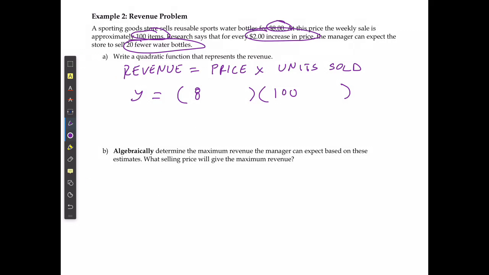So if I am increasing by $2 X number of times, then I'm going to sell 20 less items X number of times. I'm going to FOIL this out and multiply it to get my general form: negative 40x squared plus 40x plus 800.